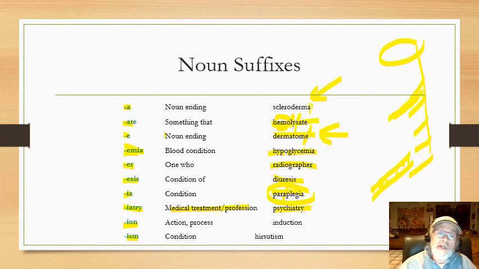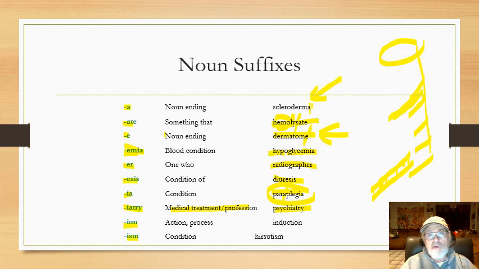An -ism is a condition. Hirsutism is actually a condition of facial hair in females, usually because of high levels of estrogen, which is sort of interesting. Estrogen and testosterone are almost like twins. They're really chemically close, and estrogen can be converted to testosterone, and testosterone can be converted to estrogen.